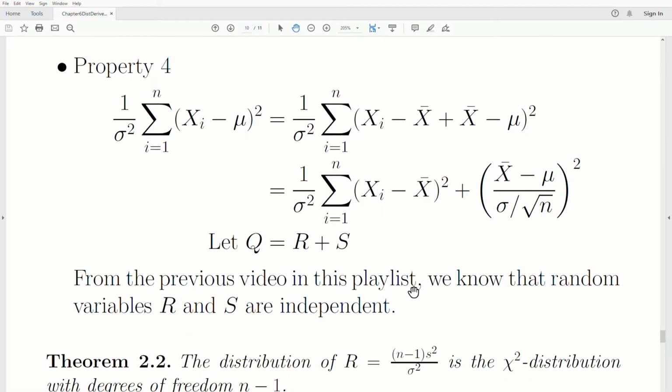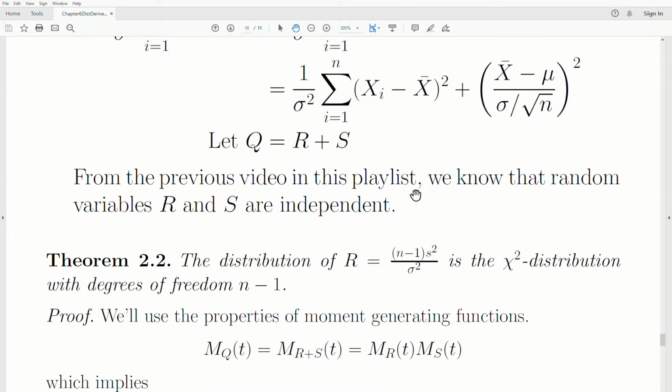From a previous video in the playlist, we know that the random variables R and S are independent, because one is a function of the mean, and the other is a function of these squared terms, Xi minus mu squared. We proved that those were independent in the previous video in this playlist. So we know R and S are independent, and that's going to play a part in our derivation in what follows.